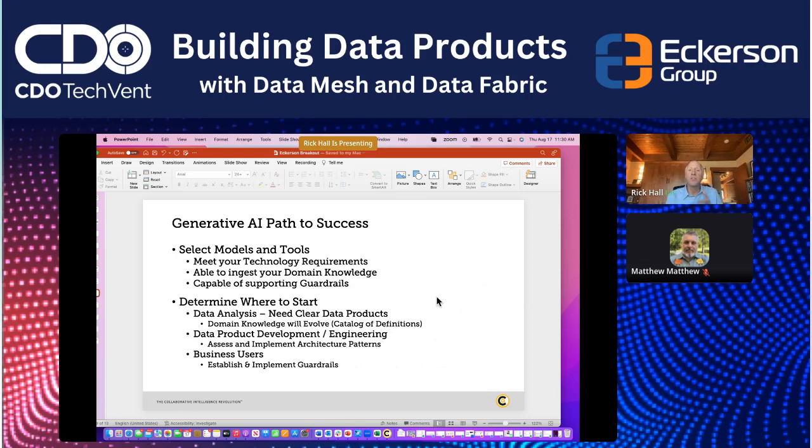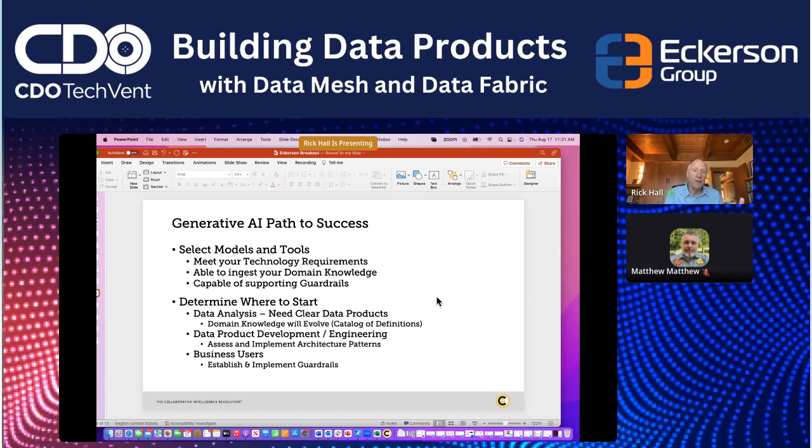And then where do you start? If you have quality data and you've already worked on that function, then you can start with data analysis, right? You're going to be able to answer questions directly of the data in an English language manner, and the power of that is going to evolve as you develop more domain knowledge in what we think of as a catalog of questions.